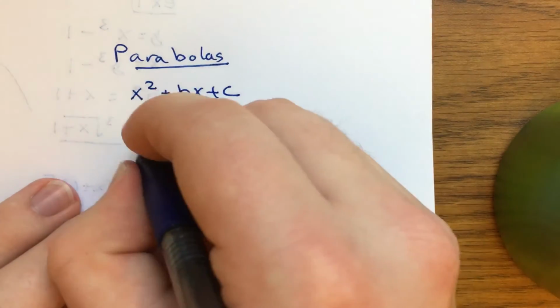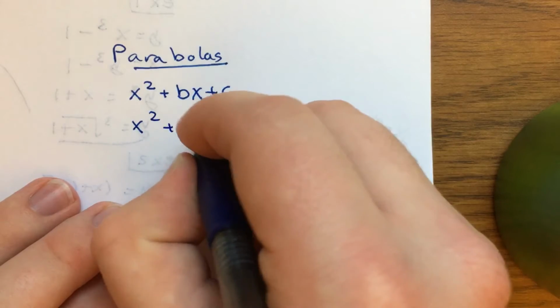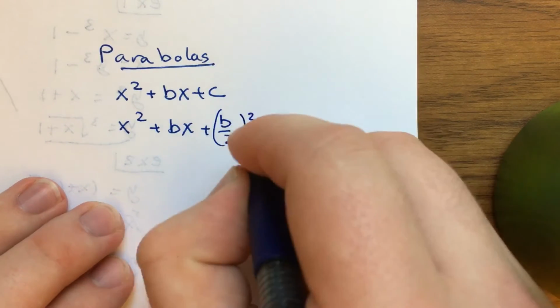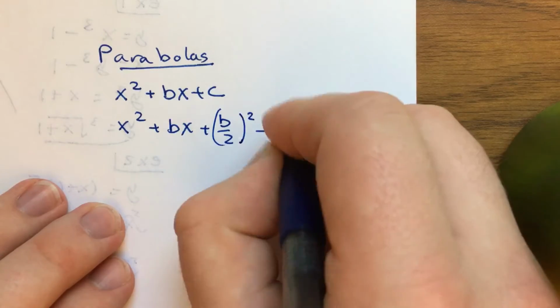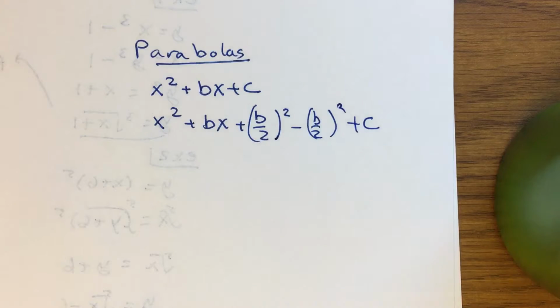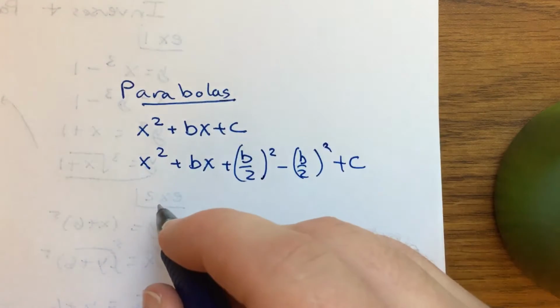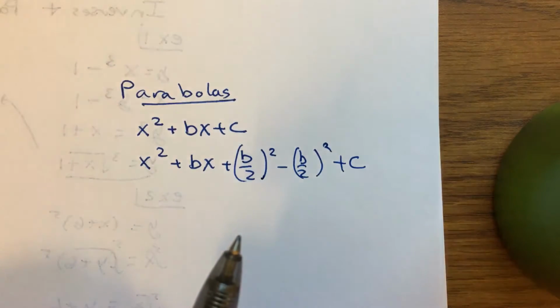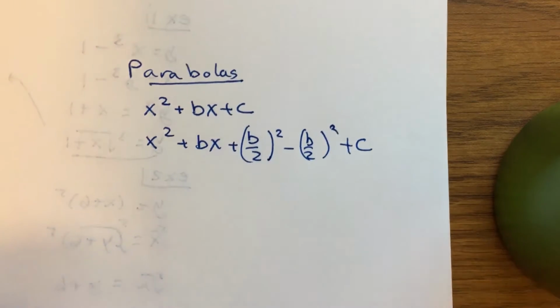And our completing the square method says that we can do this. And then, thus, we have something really fun. So let's give this a shot with an example.